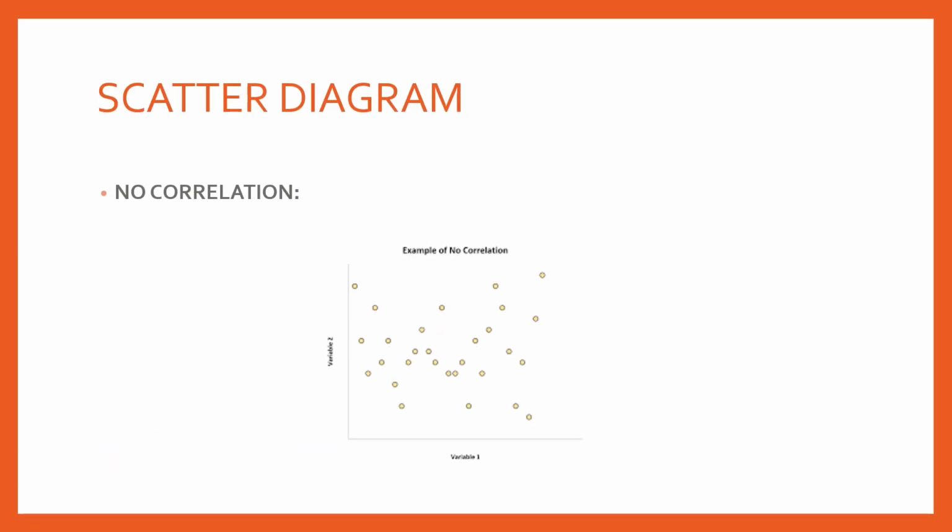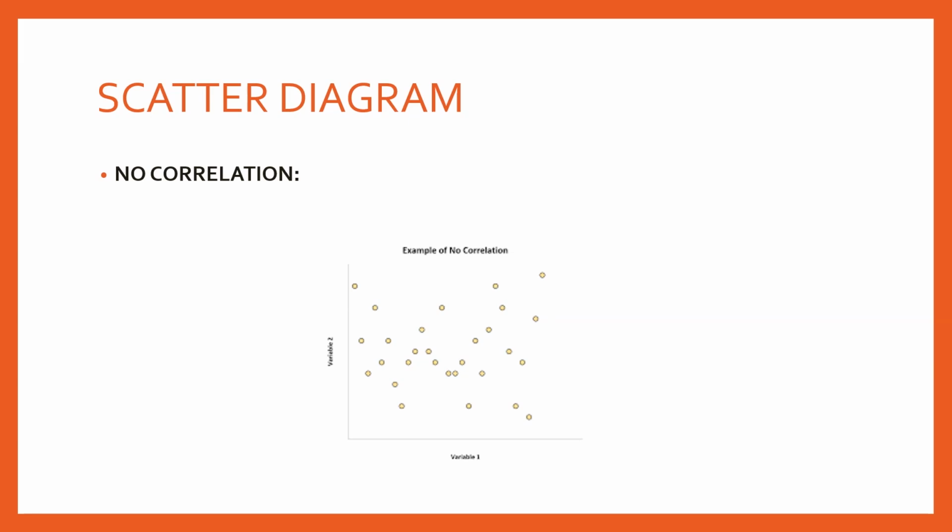There is another case, which we call a correlation, but there is no correlation at all. All the data are really scattered in between the two axes, X and Y, and you cannot come up with any kind of conclusion like a positive or negative correlation. There is no correlation at all between the two activities.